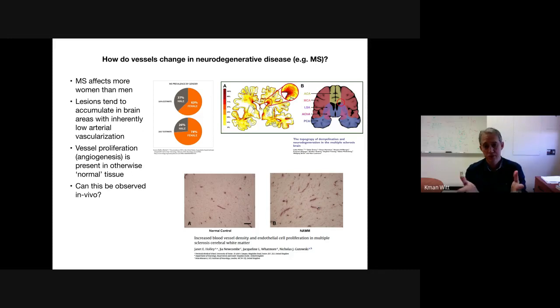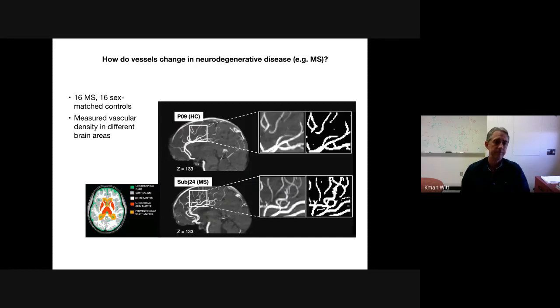Now, since this is usually done post-mortem, we questioned whether or not our more macroscopic approach would be able to detect these things in vivo using non-invasive imaging and reconstruction.